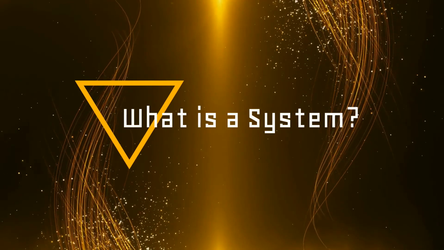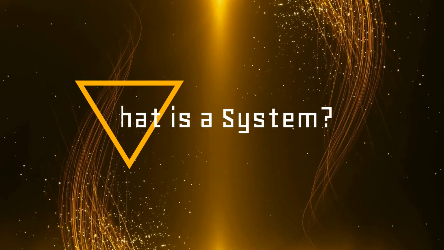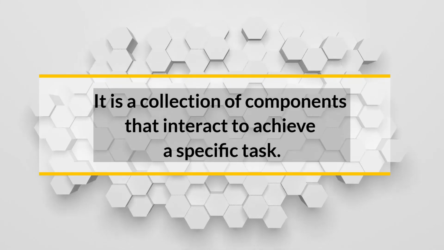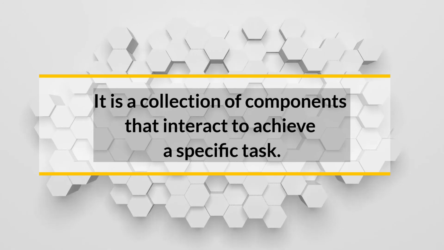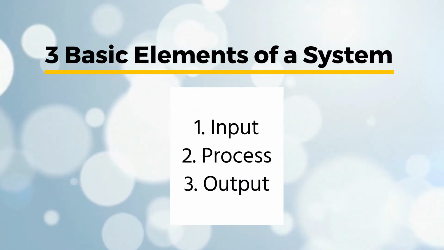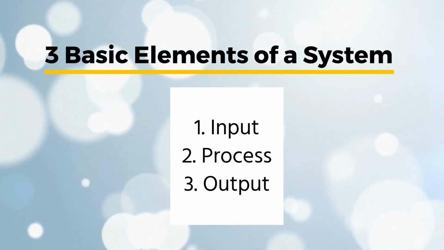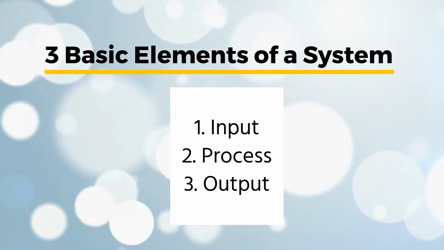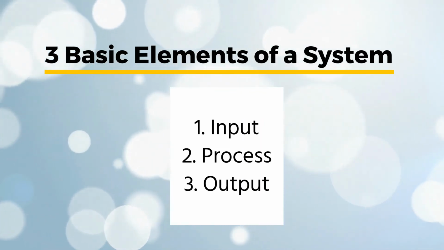Today's first topic is what is a system? It is a collection of components that interact to achieve a specific task. There are three basic elements of a system, that is, input, process, and output.